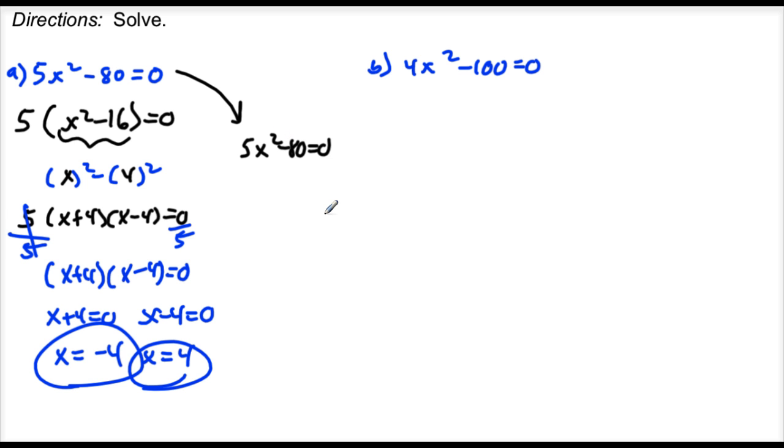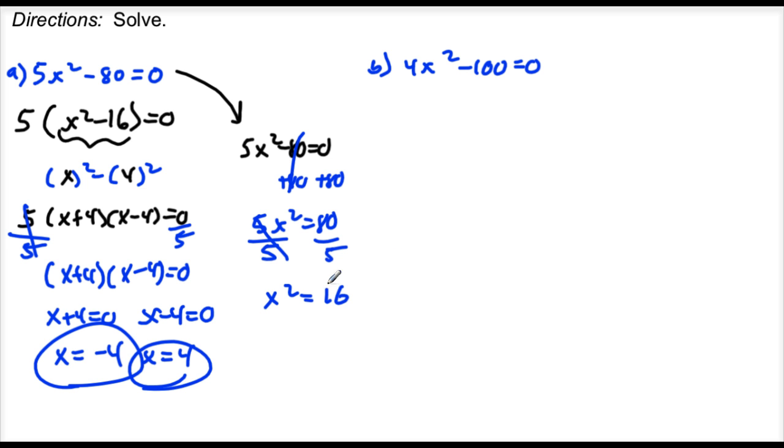I'm just going to use what we learned in chapter 1 of algebra, which is to solve for x. So no factoring special things. Let's move the 80 over. I add 80 to both sides and get 5x squared equals 80. Now I want to get rid of the 5 because I'm trying to get x by itself, so I divide both sides by 5 and get x squared equals 16.